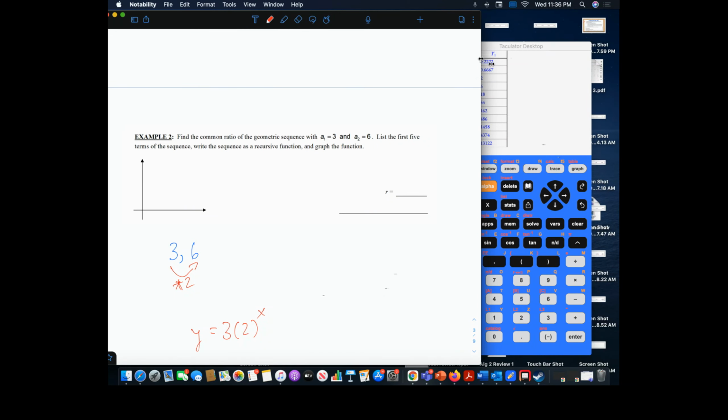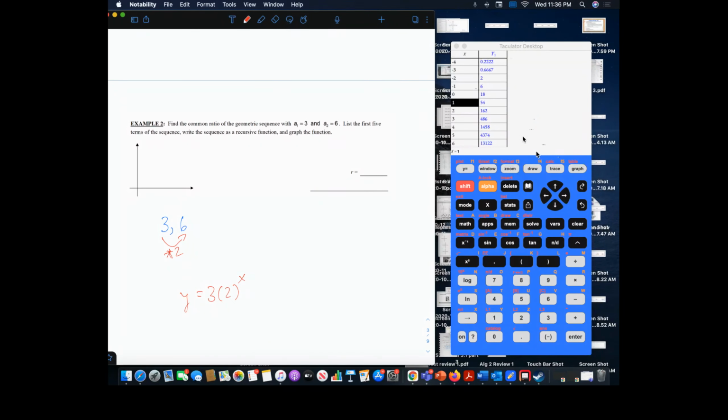Let me clear this and type 3 times 2 to the x, and we'll go under shift graph and look under table.